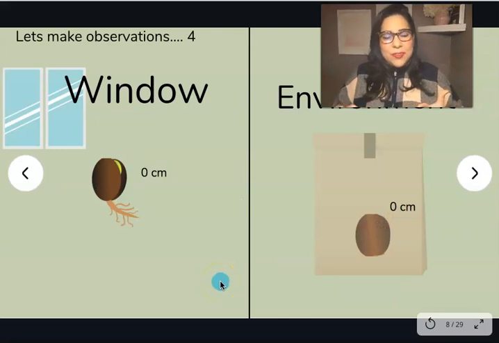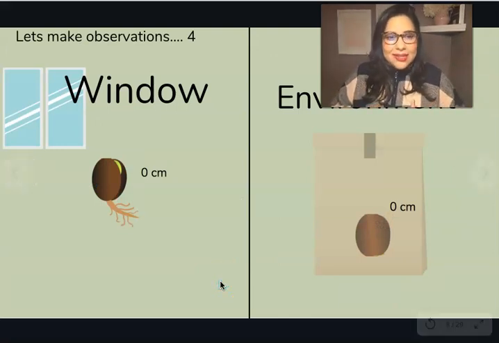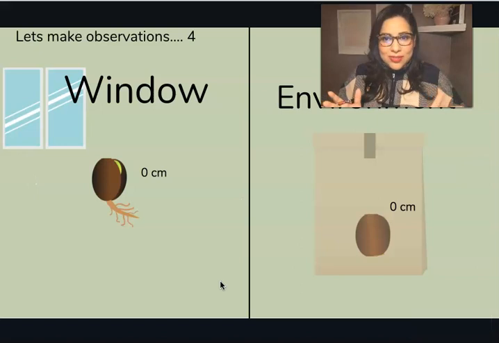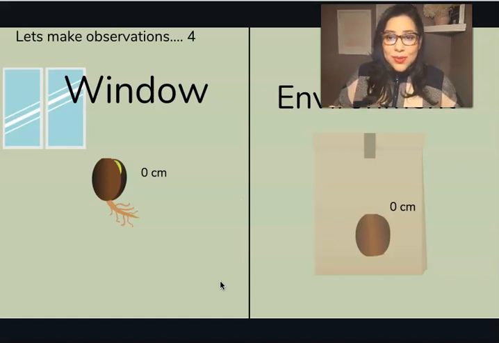So now we're at the point where we're collecting data. And so we can go two routes here. If you have all the materials at home and you have set your lab up at home, that is amazing. Kudos to you. You can go ahead and gather the data on your own. So we will be measuring the height of the plant, or the lima bean, as it grows at different points.